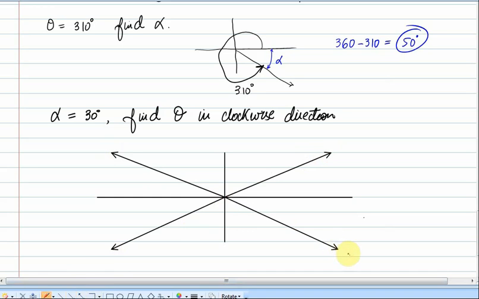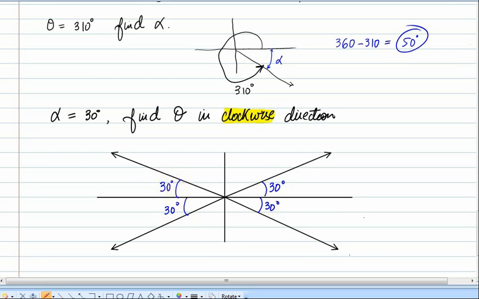Alright class. Now it says clockwise direction, and clockwise means now theta should be negative. So at first I will highlight the alpha 30 in all the quadrants. 30, 30, 30 and 30.